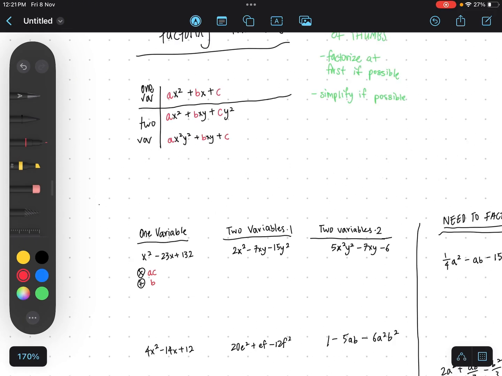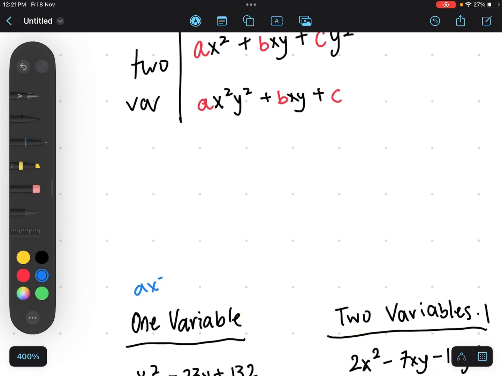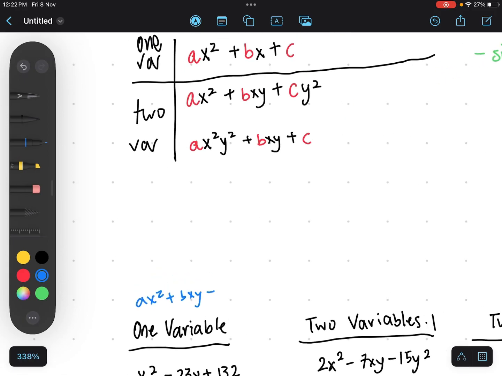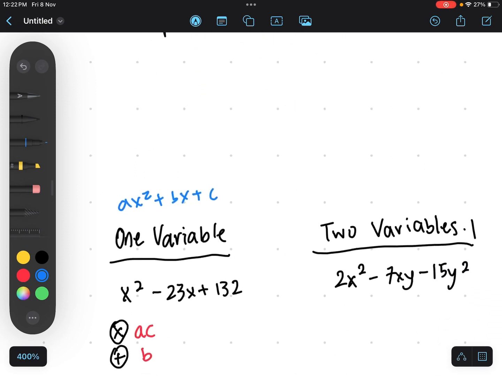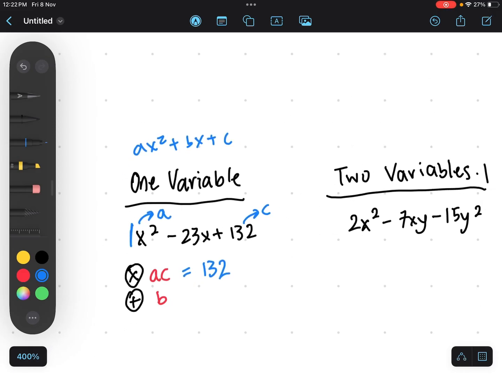If you check your one variable, ax squared plus bx plus c, you can see that c is 132 and a is 1. So AC is 1 times 132, being 132. And your b is minus 23, because here's plus and here is minus.